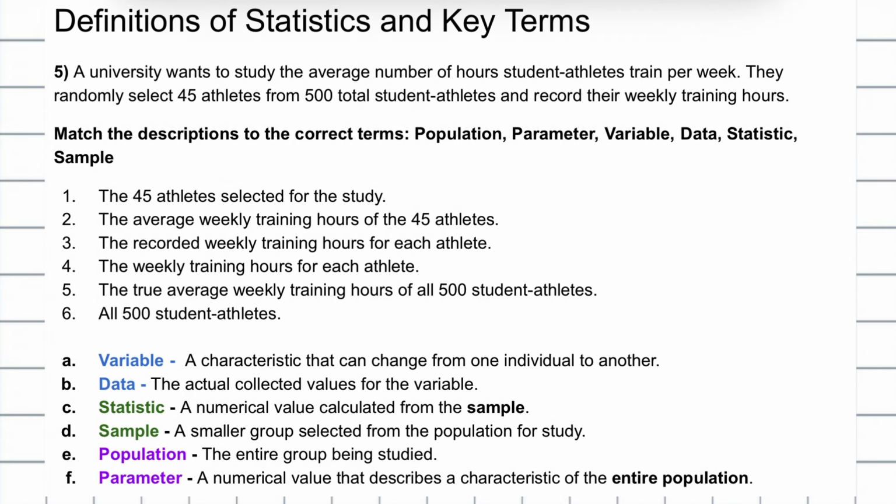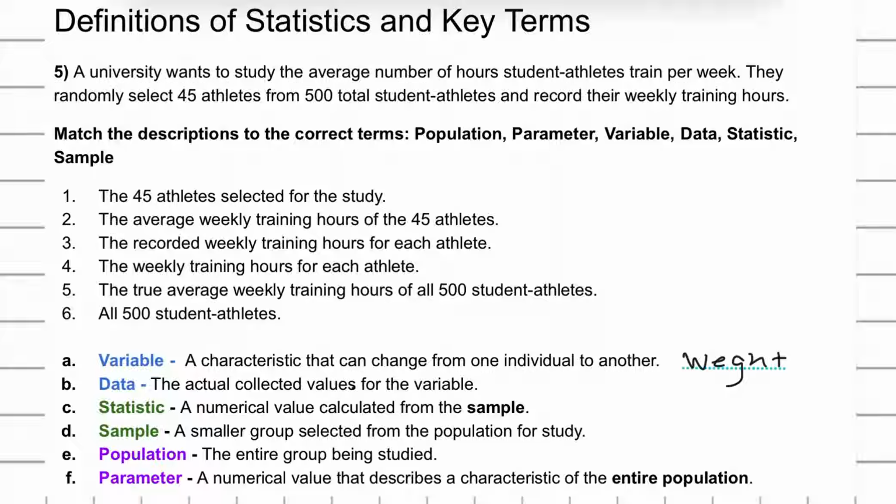So we have the variable, which is a characteristic that can change from one individual to another. Data is the actual collected value for the variable. So let's say weight changes from person to person, right?